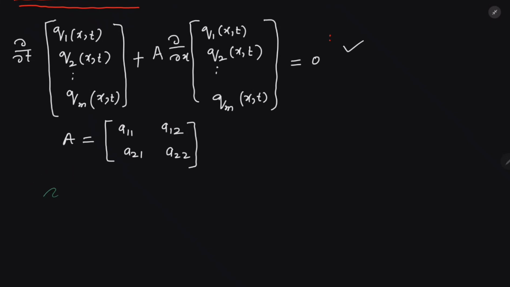Then the Q vector, since we have two rows in matrix A, will be equal to Q1 and Q2.